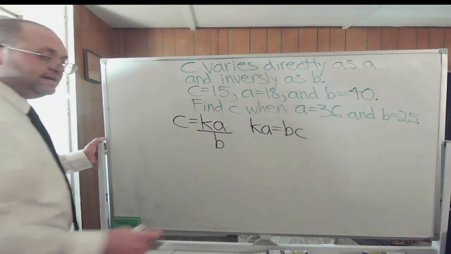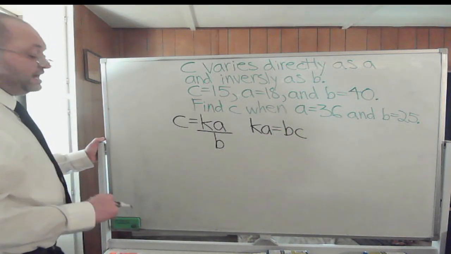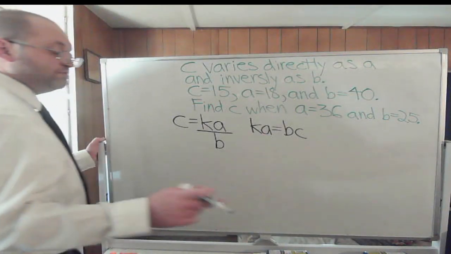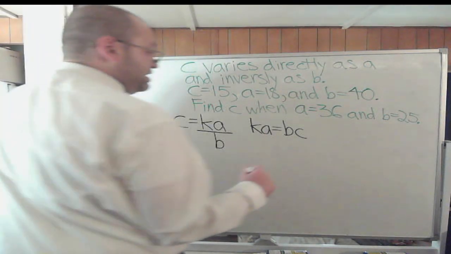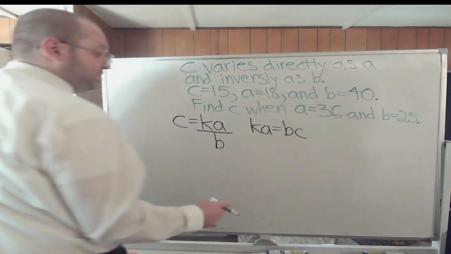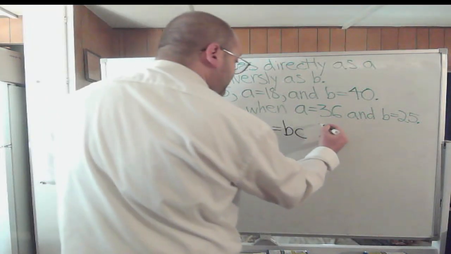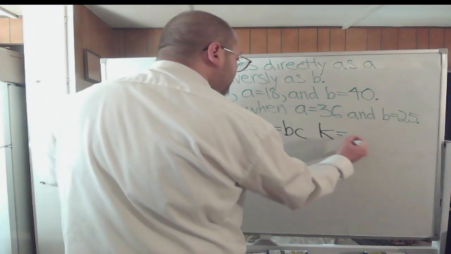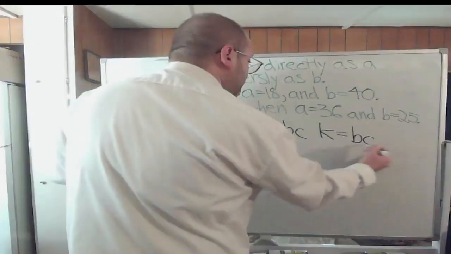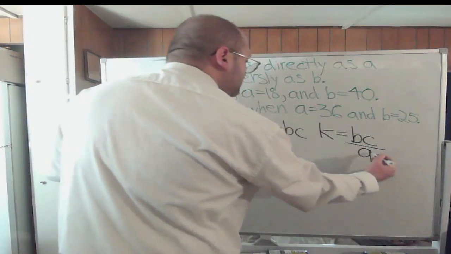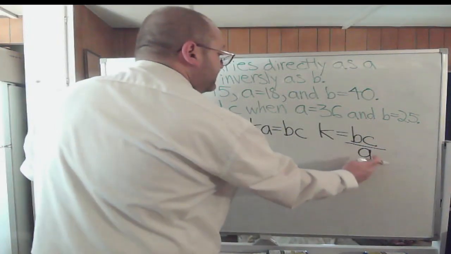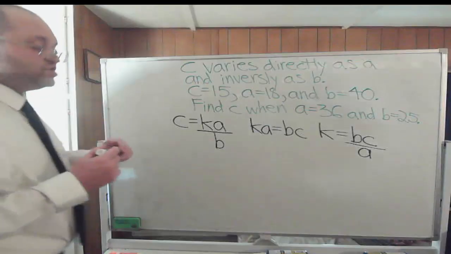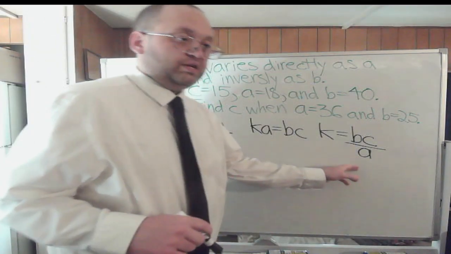So we have Ka equals BC. Now we just want to get that constant of variation by itself. In order to do that, you're going to have to divide both sides by A. If you do that, you get K equals BC over A. So now we have actually found the equation for the constant of variation.